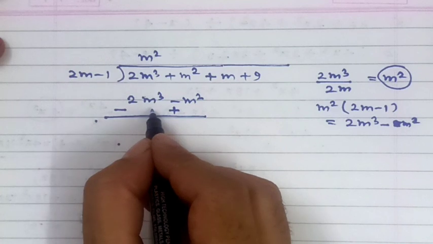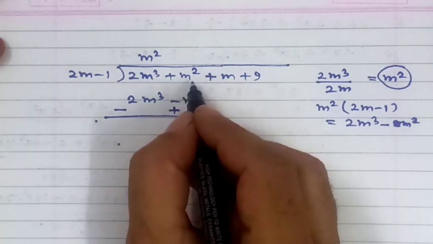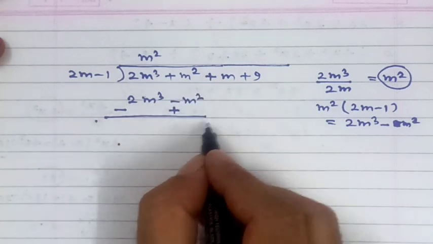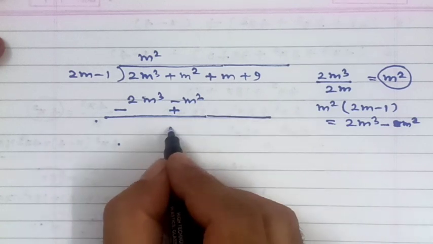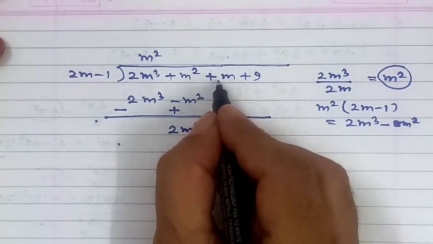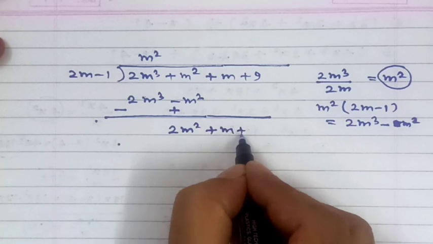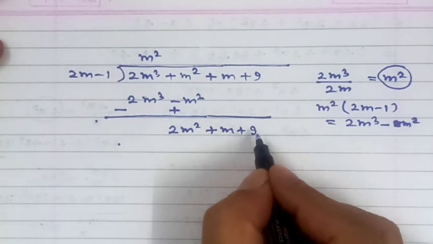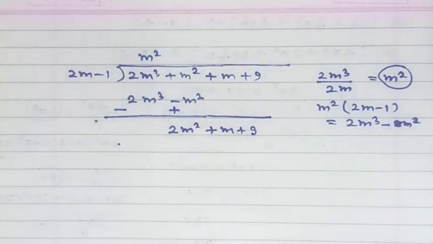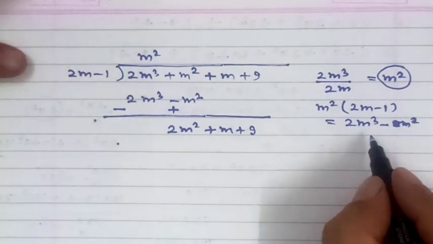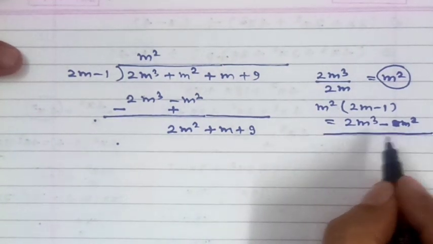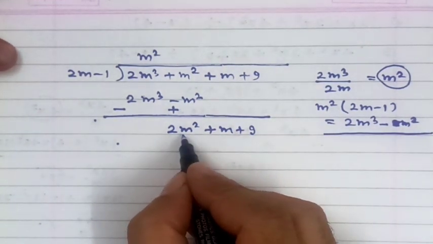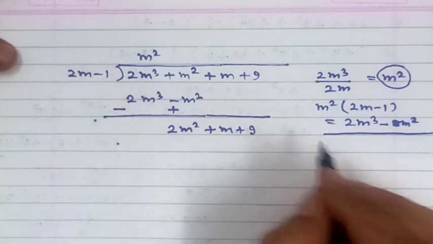When you subtract, sign changes, plus becomes minus and minus becomes plus. 2m cube minus 2m cube gives you 0. M square plus m square gives you 2m square. After this, copy down as it is. This is the method, you have to repeat it again. Same way, 2m square is the first term and here 2m.